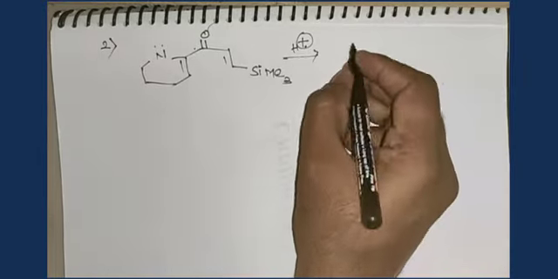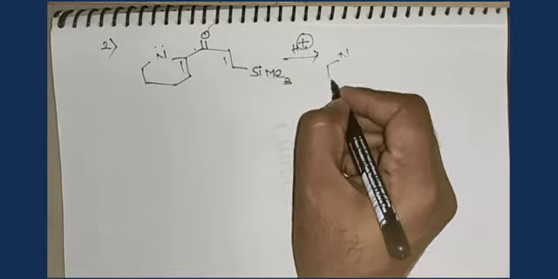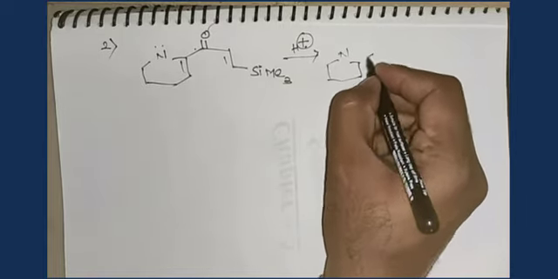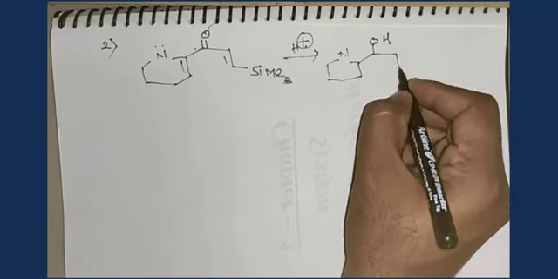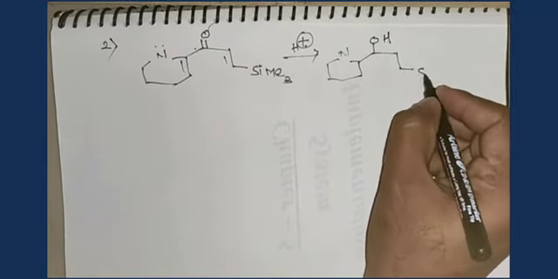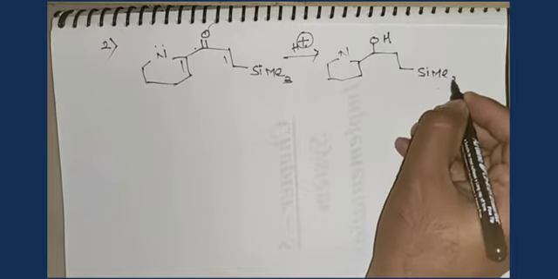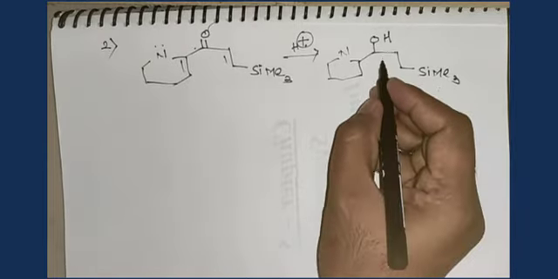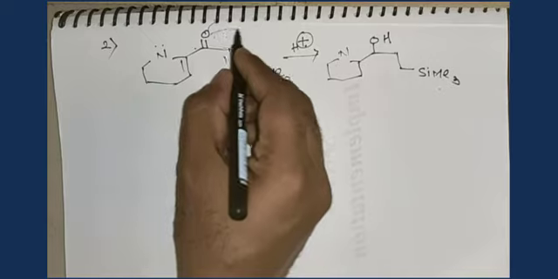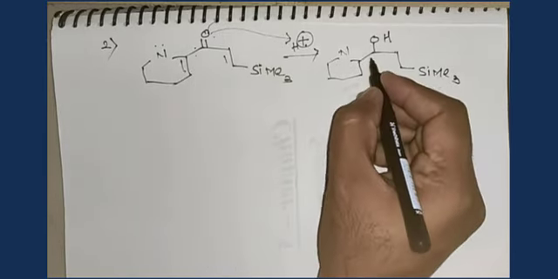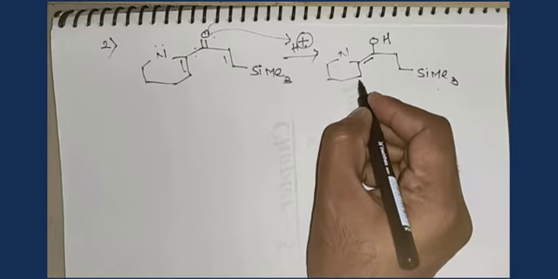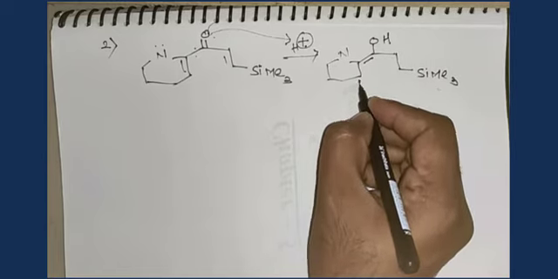So I am going to write the third step directly. So here OH, right? Here is the SiMe3, right? So in the first case, H plus attacks, this bond transfers to here and this bond transfers to here, and here is the positive charge, right?